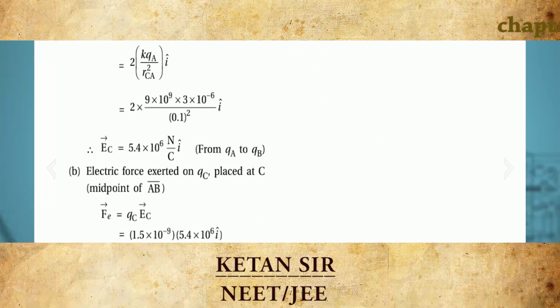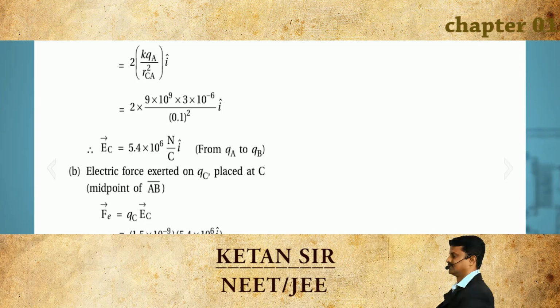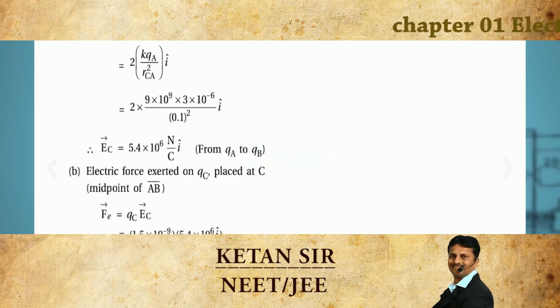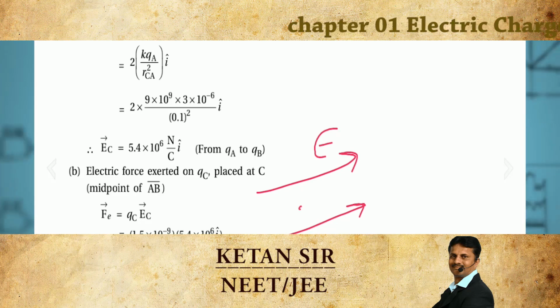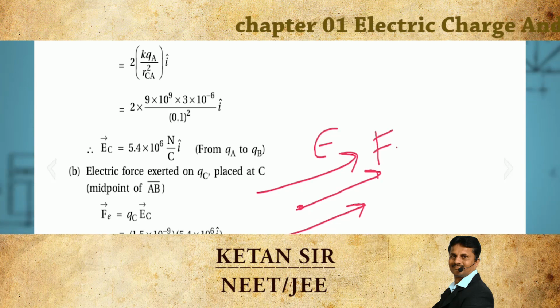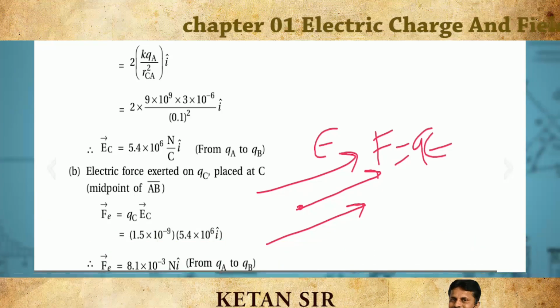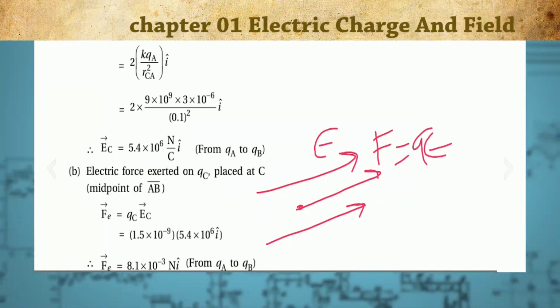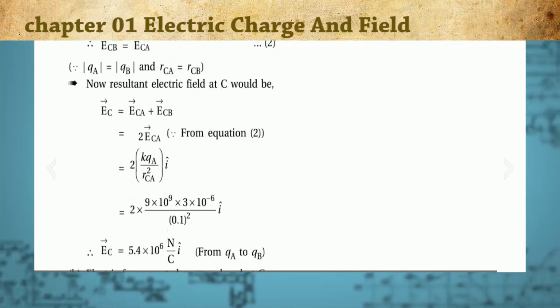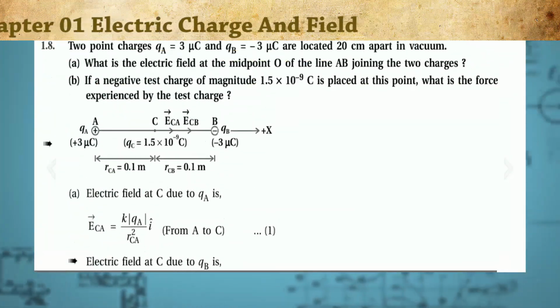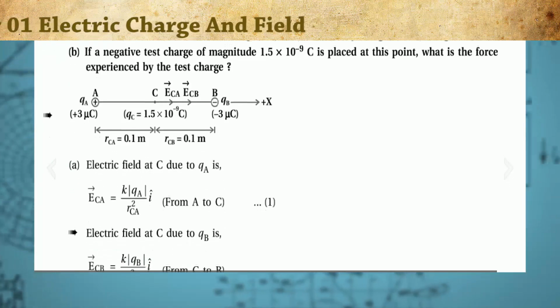Very simple question, very simple logic. Within an electric field E, the charge experiences the force F equals QE. That is your second solution. Just read the questions carefully, how to solve them and how to write them in the examinations.